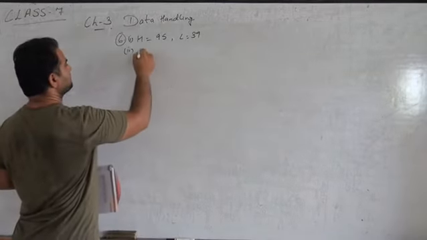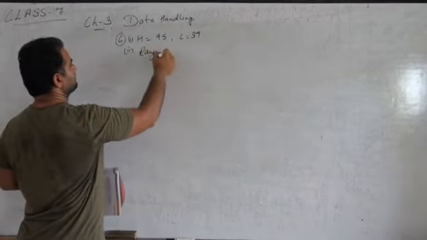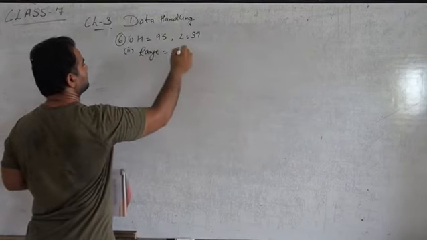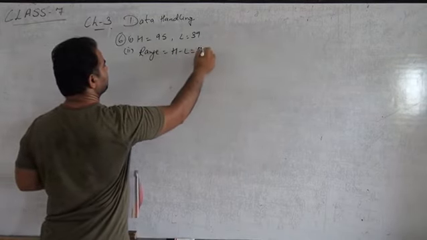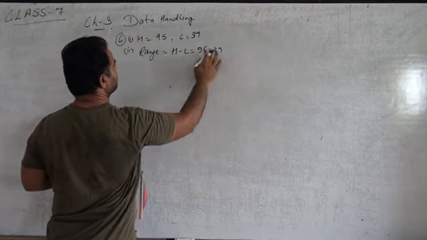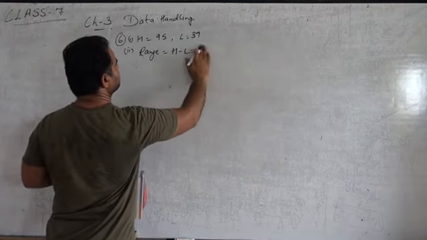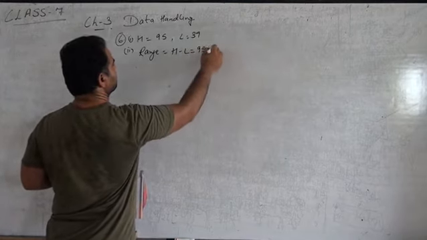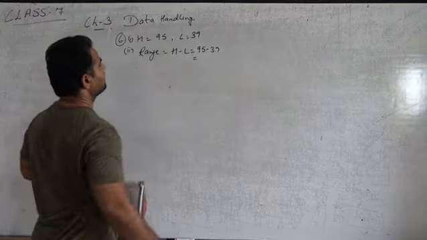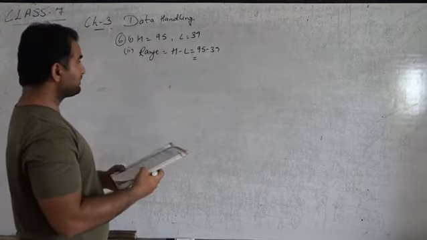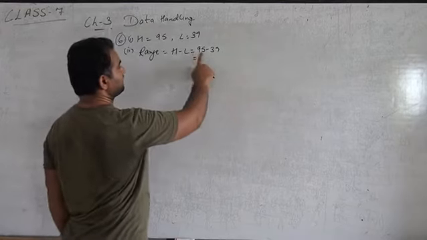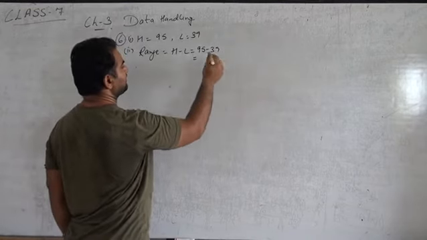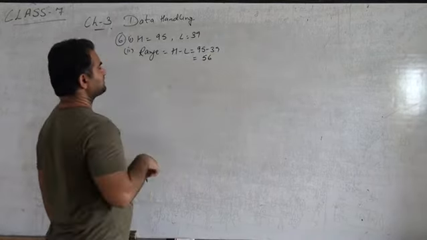So range equals h minus l equals 95 minus 39. What is 95 minus 39? 95 minus 40 is 55, so it will be 56.